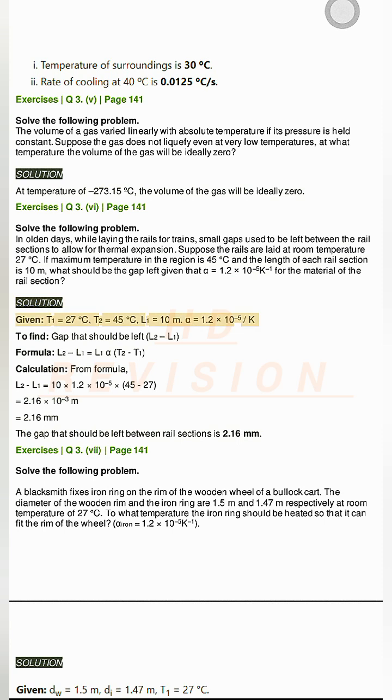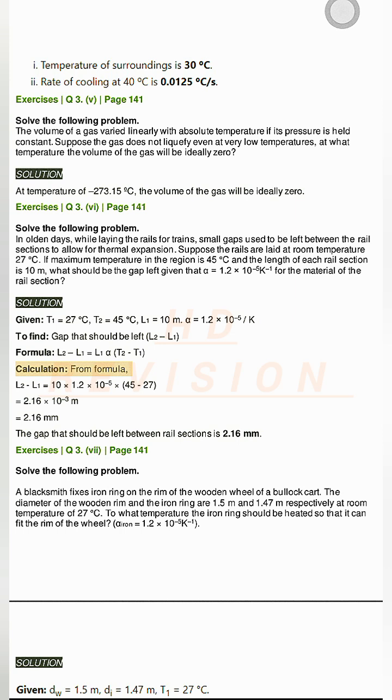Solution. Given T1 equals 27 degrees Celsius, T2 equals 45 degrees Celsius, L1 equals 10 meters, alpha equals 1.2 times 10 to the power minus 5 per K. To find the gap that should be left, L2 minus L1. Formula: L2 minus L1 equals L1 alpha (T2 minus T1).